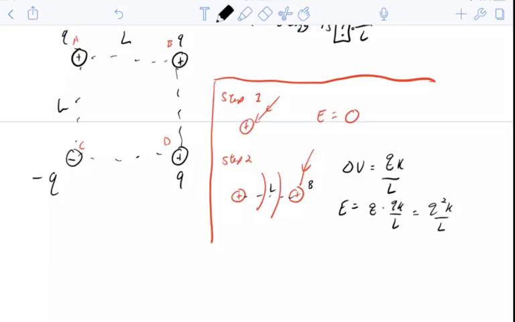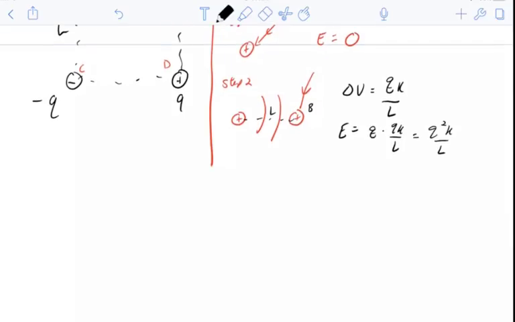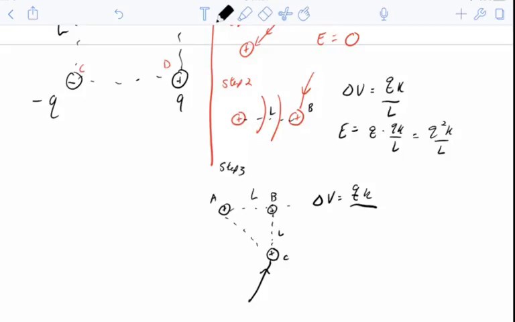And now we continue. Step 3. You already have A and B in place. Now we're going to bring charge C in. Charge C's change in potential is going to be the potential from A, which is Q times K over this distance here. What is that distance?